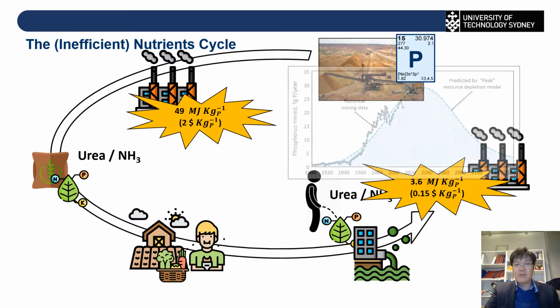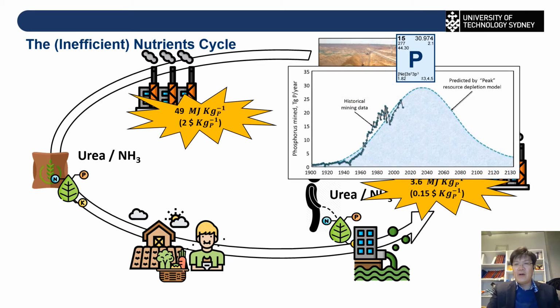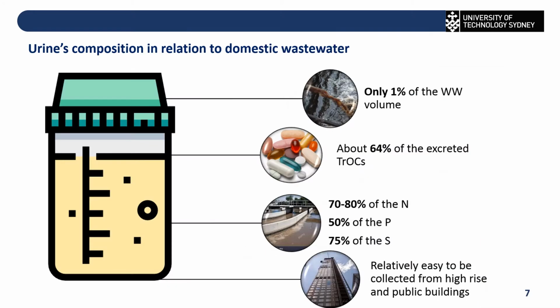So that's the phosphorus nutrient. Another problem is that phosphorus rock is becoming depleted, so we have to make sure we secure phosphorus fertilizer for the next 50 to 100 years.